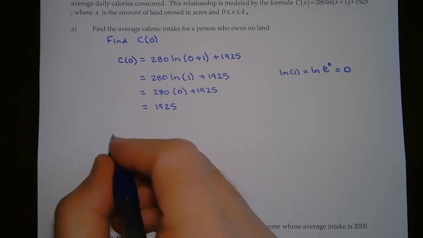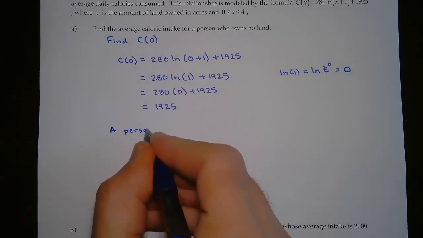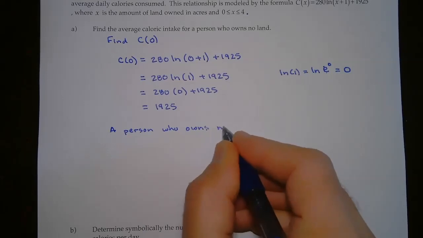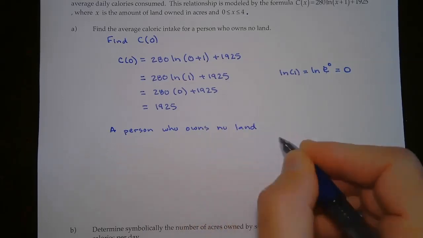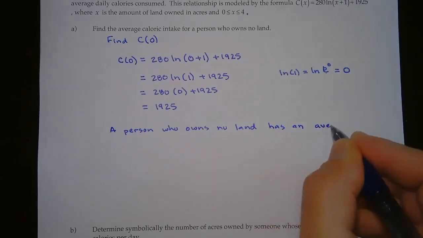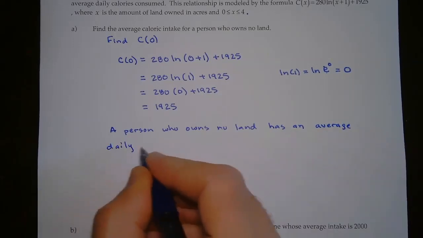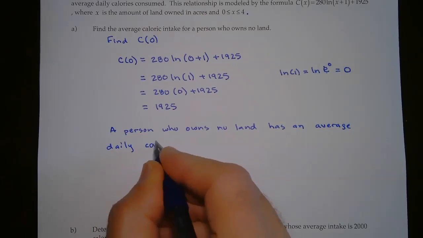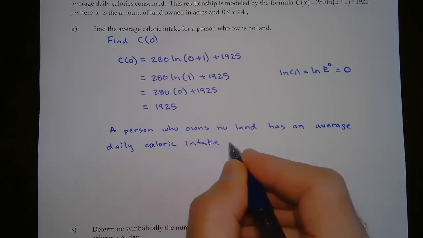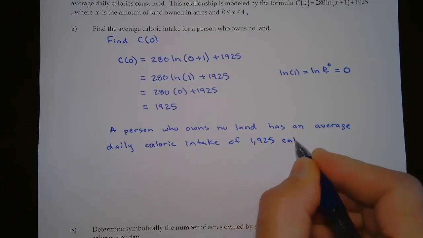Okay, so a person who owns no land has an average daily caloric intake of 1,925 calories.